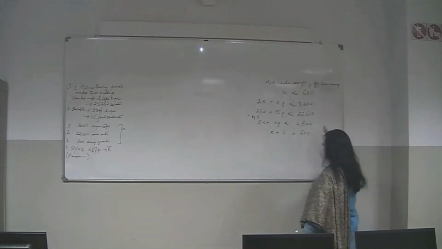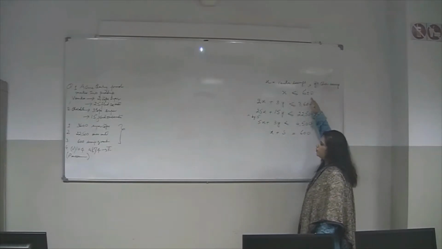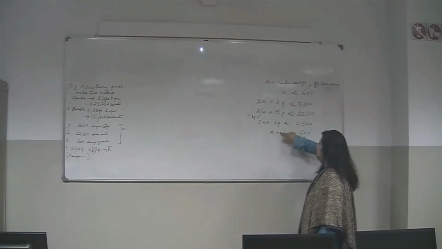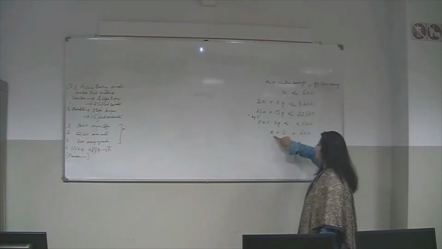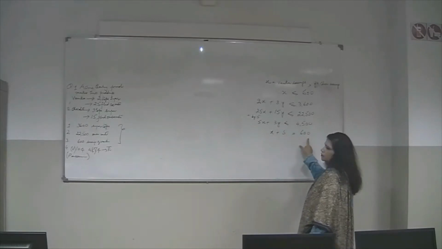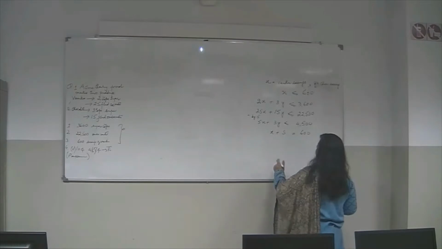Why have we done this? Because x is less than 600, or it could be equal to it, provided that there's no other variable. But since x is less than 600, if I add something to x, it could become equal to 600. And then we can apply similar logic for all the other constraints.